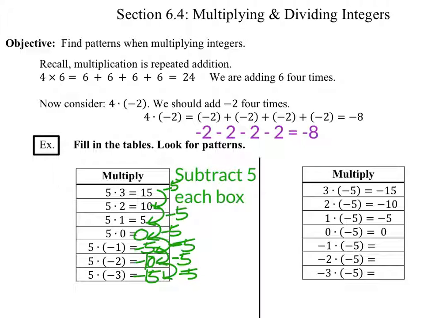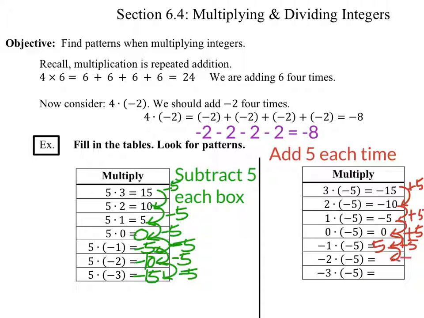So that's the pattern that we're trying to find in this one. On this side, though, we can see that instead of subtracting 5, we're adding 5 each time. So if this pattern were to continue from 0, adding another 5, bam, you get 5. Then 5 plus 5, bam, 10.